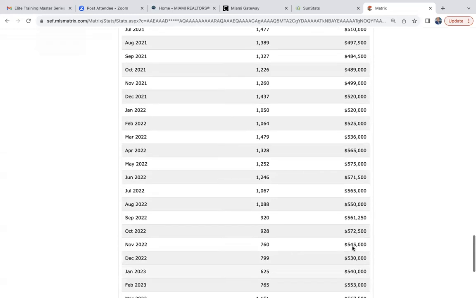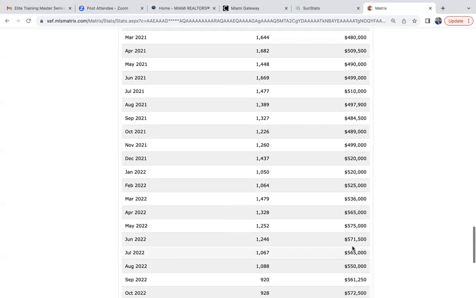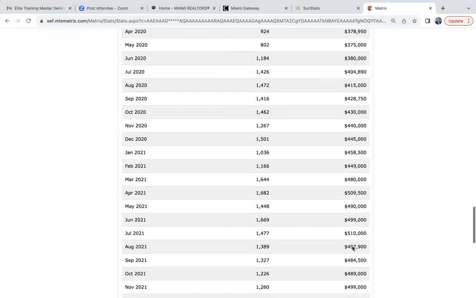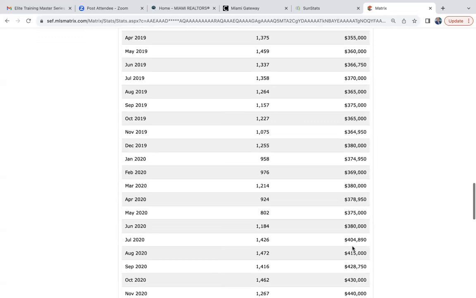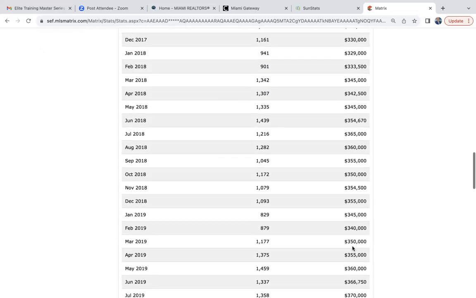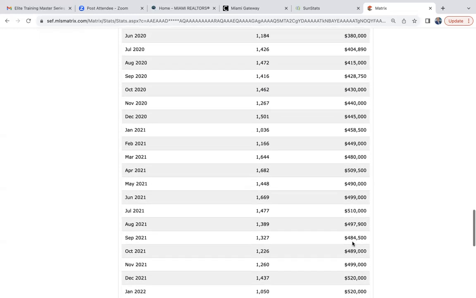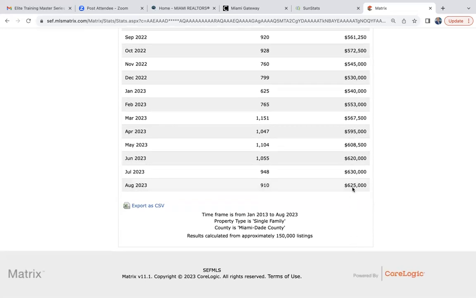So you can start to see what's going on, guys. And if you look at all these numbers going back 10 years, because that's as far as Matrix goes back, we are currently experiencing the highest median sales price of a property in Miami-Dade County in the last 10 years.